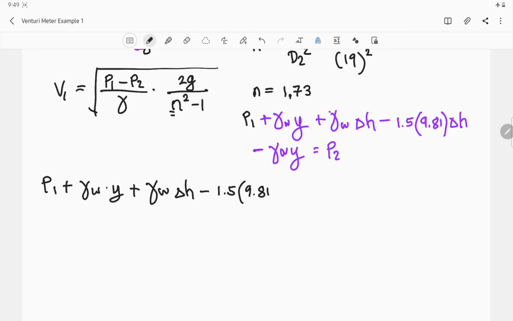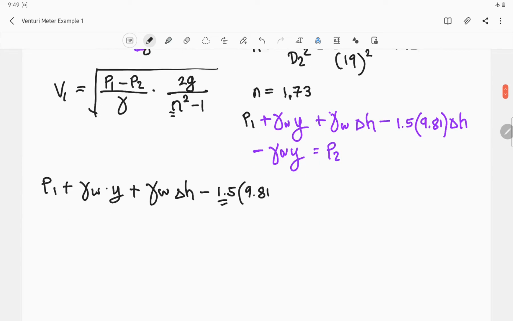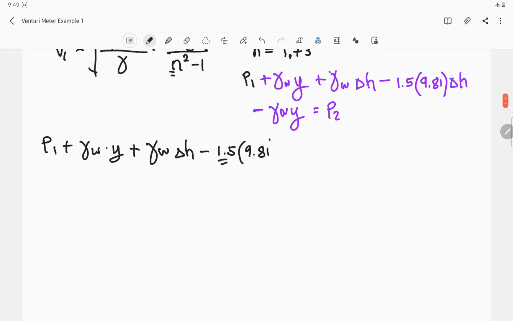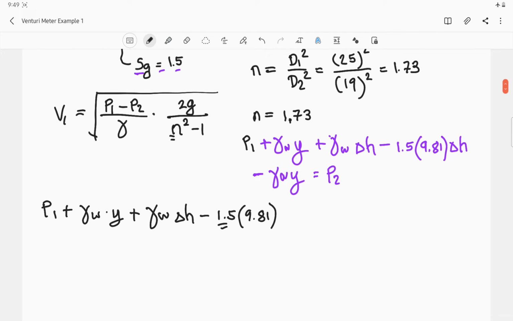This 1.5 is the specific gravity of the liquid. 9.81 is the unit weight of water. Unit weight of water times specific gravity is the unit weight of the liquid.